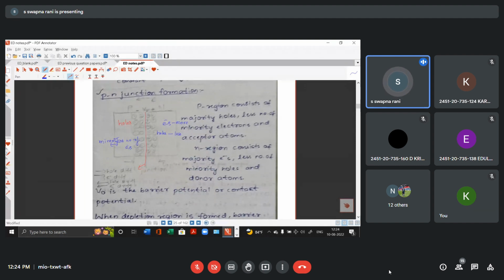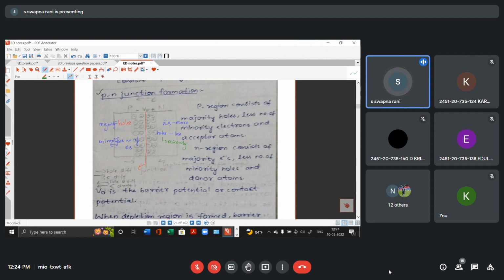On the N side, if you observe, electrons are more and holes are less. Electrons are more, so they are called majority. Whichever charge carriers are more, they are called majority charge carriers. Whichever charge carriers are less, they are called minority charge carriers. Therefore, holes will be the minority charge carriers in N-type.